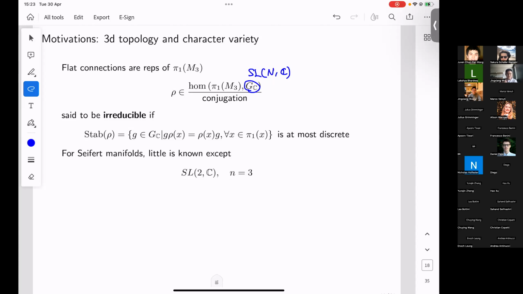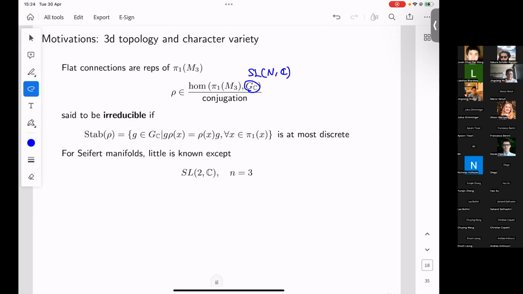This is a very important piece of knowledge we need in physics. For example, if you do compactifications from higher dimensional quantum field theory down to a lower dimensional one, especially when you do gauge theory compactification, you need to understand what the space of flat connections is. And for Seifert manifolds, very little is known.